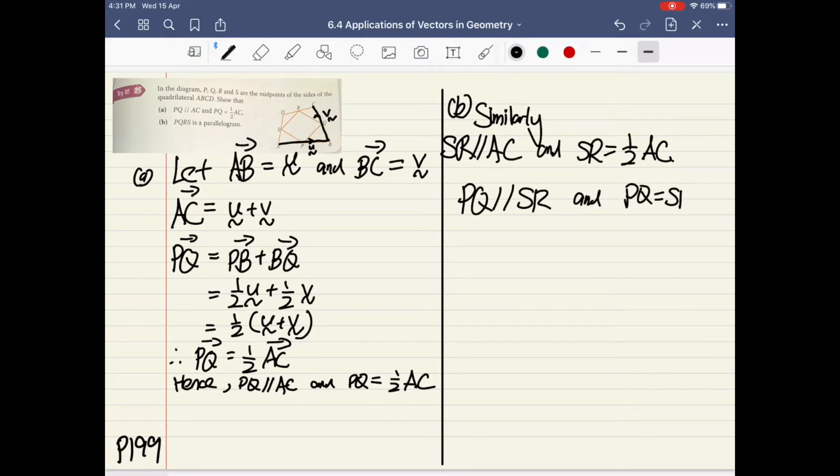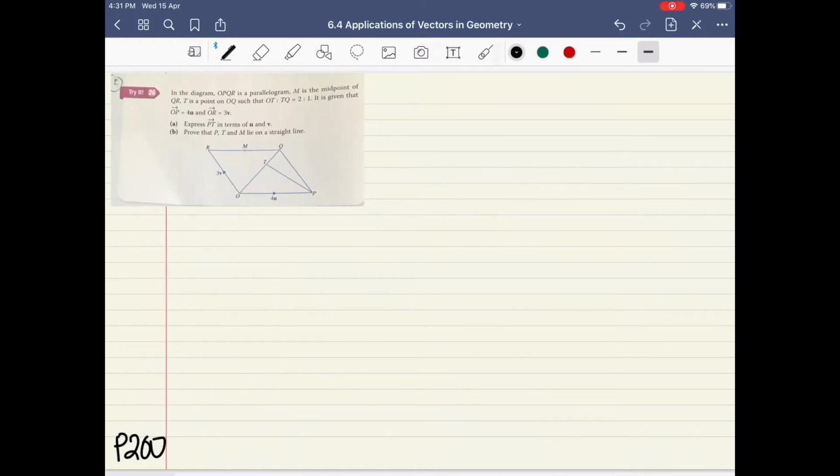So therefore, PQ will be parallel to SR and PQ will be equal to SR. Therefore, we can say that PQRS is a parallelogram.